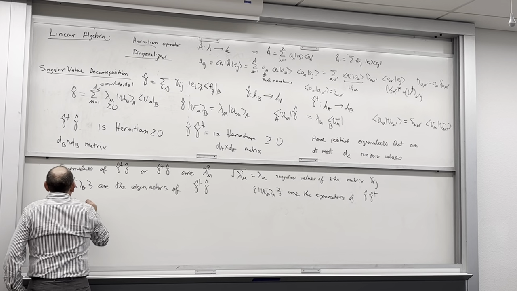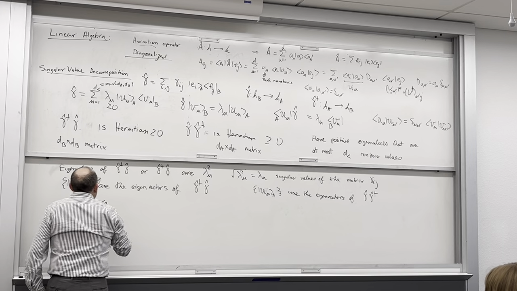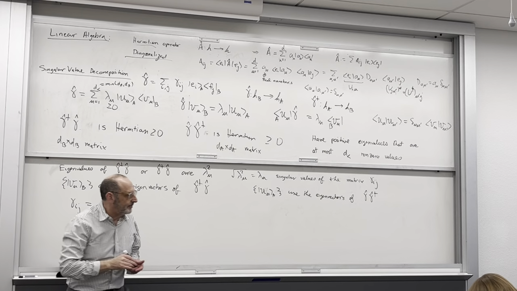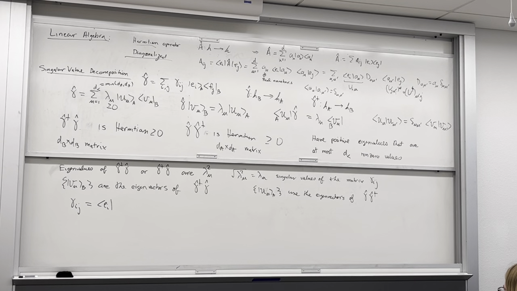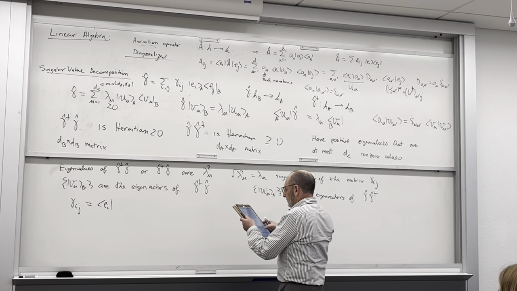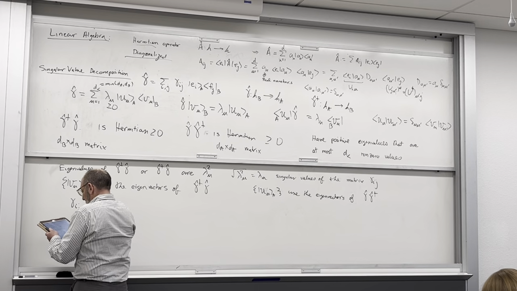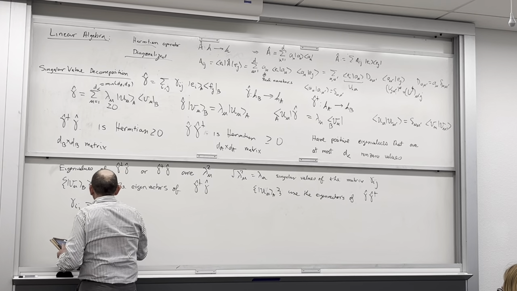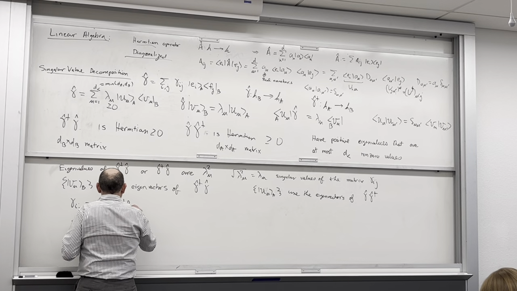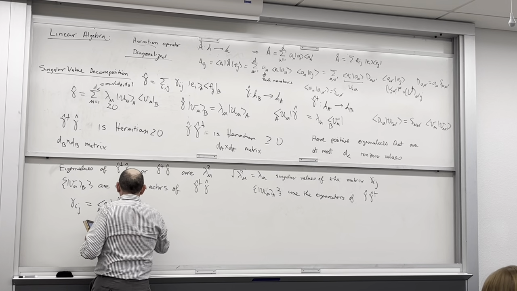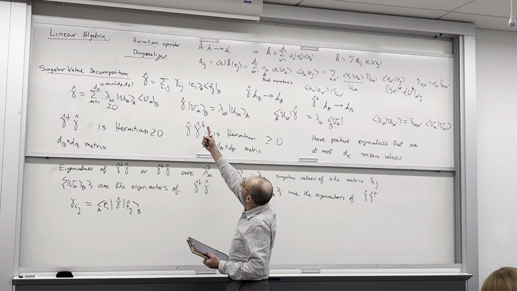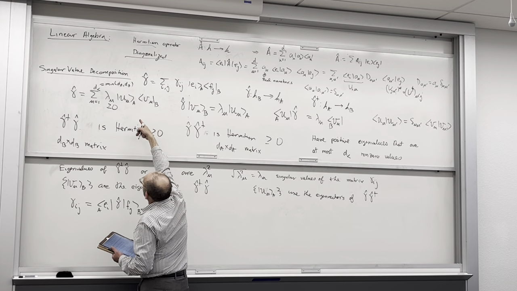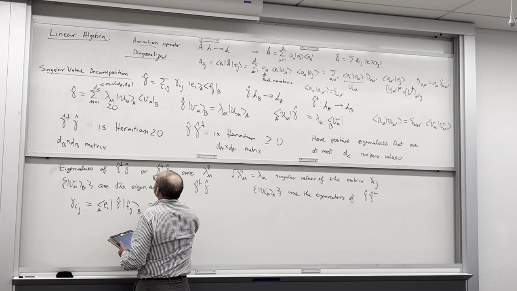So gamma ij is, let's see, how do I write this? Right, good, I was doing the right thing. It's that matrix, right? Now, if I say that I want to relate that to the singular value decomposition, I plug that in.